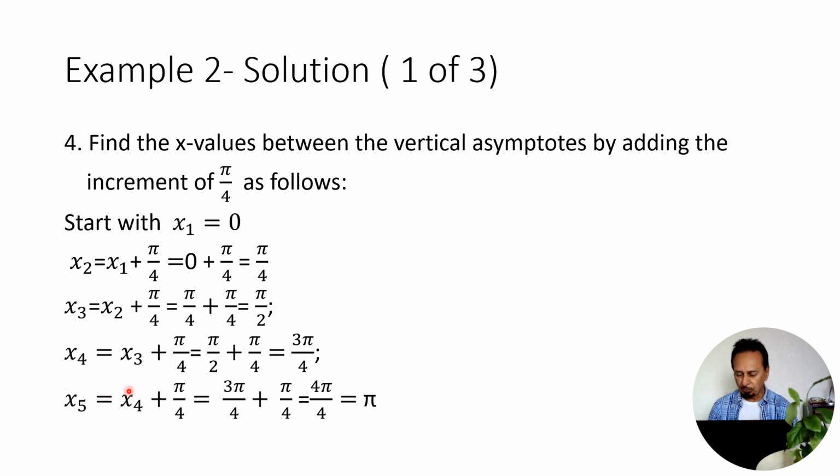Now find x4, which will be x3 plus pi over 4, and x3 is pi over 2, so if you multiply by 2 here and 2 here, it becomes 2 pi over 4 plus pi over 4, which becomes 3 pi over 4. To get the last point, add pi over 4 to x4, which is 3 pi over 4, so it becomes 4 pi over 4, which is pi.